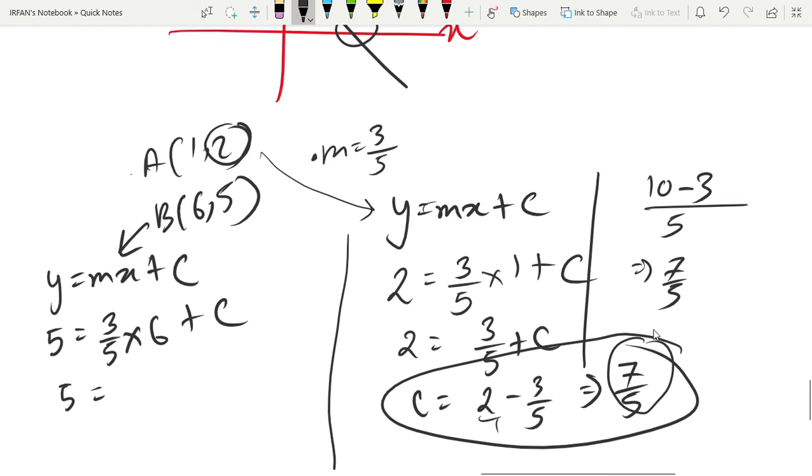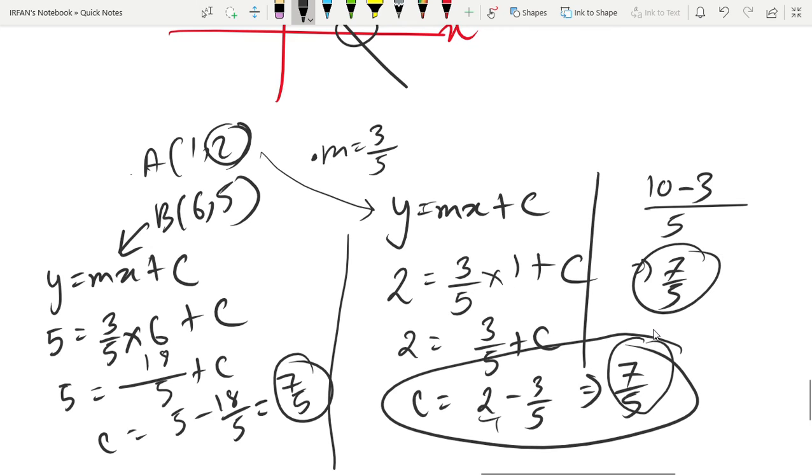So 5 equals to 15, sorry, it should be 18 divided by 5 plus c. C equals to 5 minus 18 by 5, which is 7 by 5. It's the same.